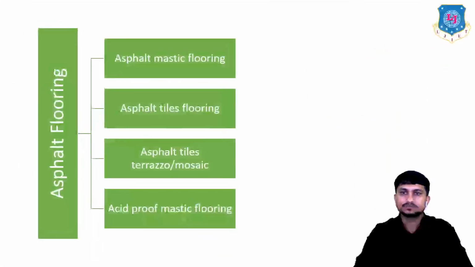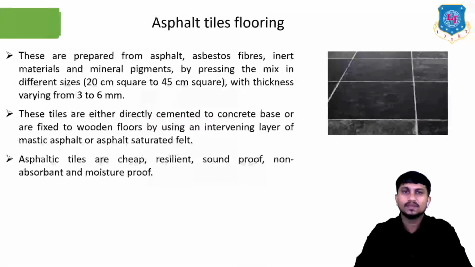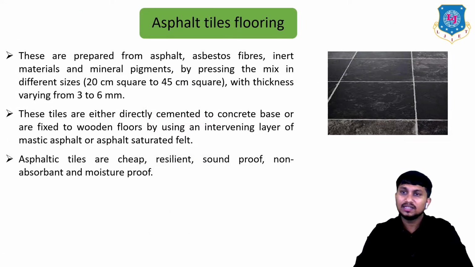The second type of asphalt flooring is asphalt tiles flooring. This is how asphalt tiles look like. These are prepared from asphalt, asbestos fibers, inert materials, and mineral pigments by pressing the mix in different sizes, 20 centimeter square to 45 centimeter square, with thickness varying from 3 to 6 mm.